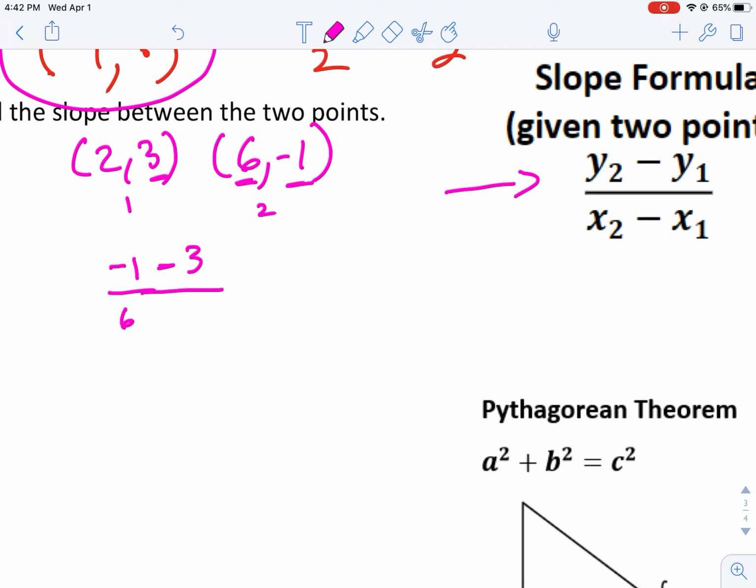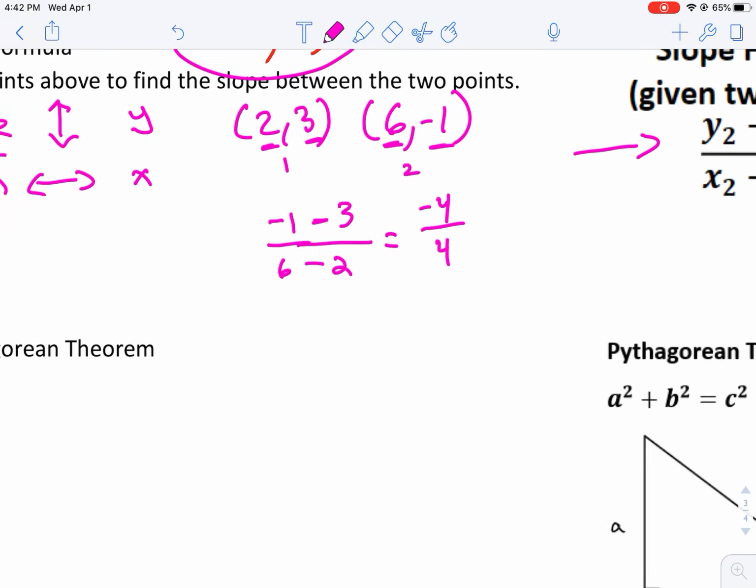Then x of the second point, 6, minus x of the first point, 2. And we get this: negative 1 minus 3 is negative 4. 6 minus 2 is 4, okay?